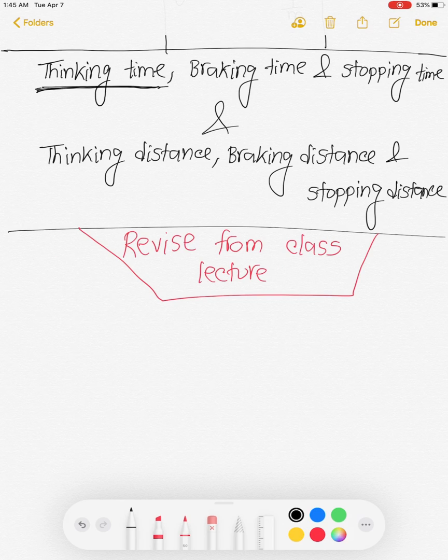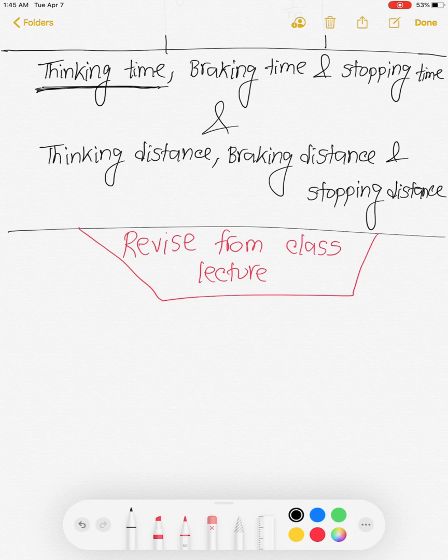So these will be the factors that affect the thinking time. Then the braking time depends on the brake condition, tire condition, weather condition, mass of the car, velocity of the car. So a lot of factors affect the braking time, and the factors that affect thinking time and braking time as a whole will affect the stopping time.